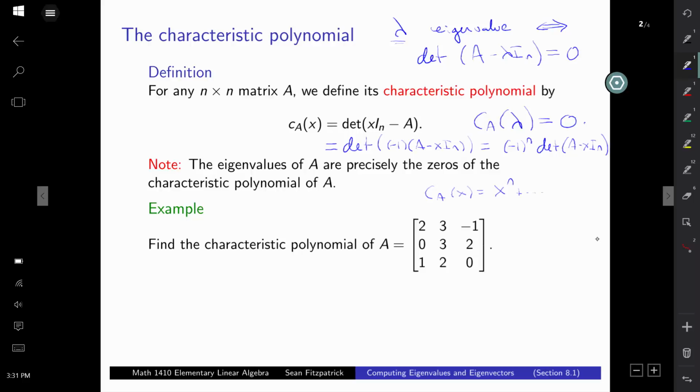Whereas if you do it the other way around, with A minus x times the identity, the setup is a little bit easier, because all you have to do is put minus x down the diagonal and then do the determinant. That can be convenient, but you do find that some of the algebra can get trickier.